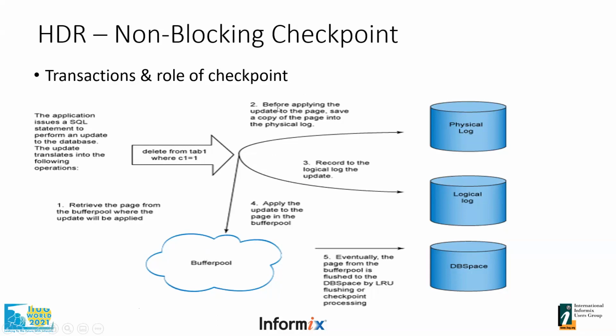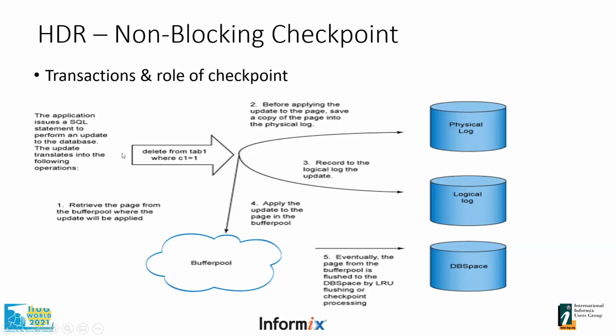Then we store that buffer into the physical log intact without any modification. We also store a logical log operation corresponding to whatever operation it is. In this case, it's a delete. So we store the logical log operations, and then we go and make the modifications into the corresponding buffer in the buffer pool.